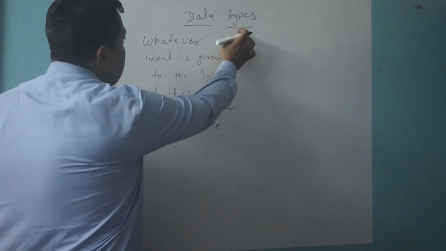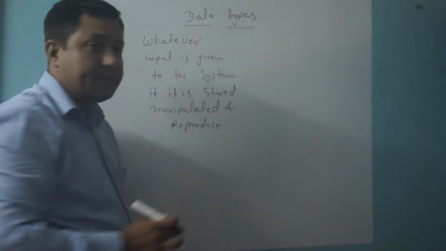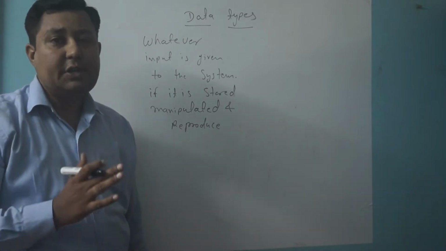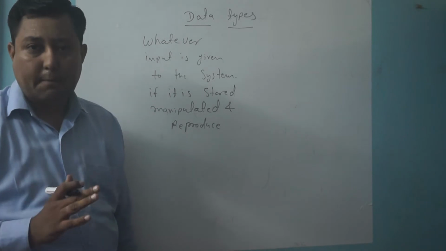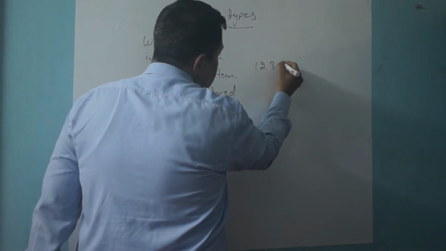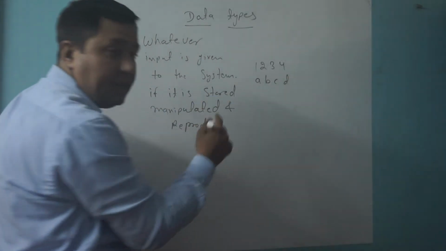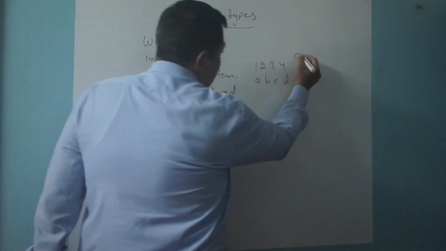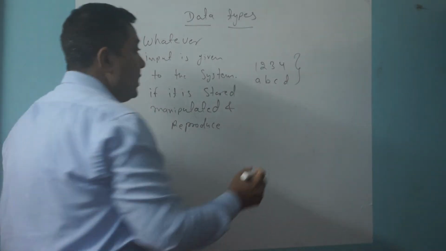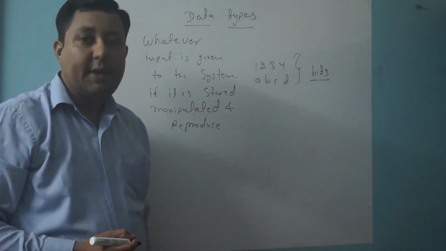And now we are considering types. Data types cannot be differentiated by the computer system, because if we give 1, 2, 3, 4 and if we give A, B, C, D to the system, all these things are the same for the computer machine, because it only considers them in terms of bits.